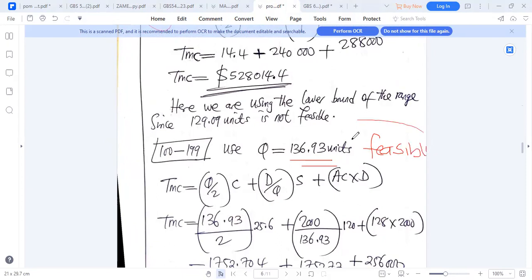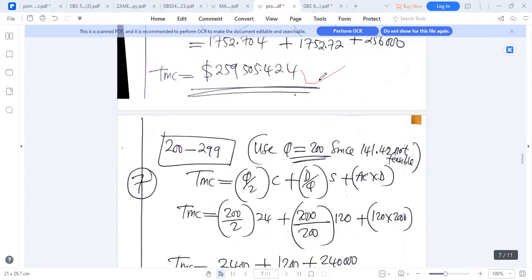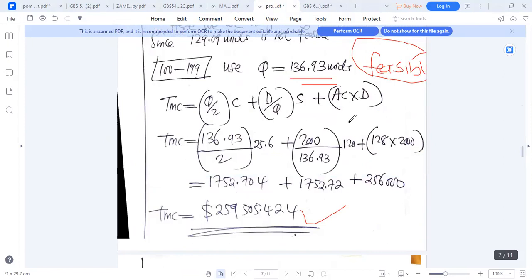So our total material cost here is 259,505.424, substituting the annual demand and the acquisition cost per unit. Then this is our carrying cost, and this is our Q.